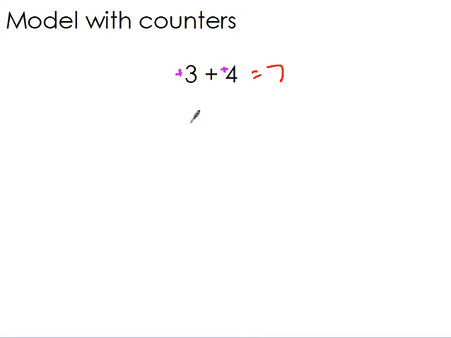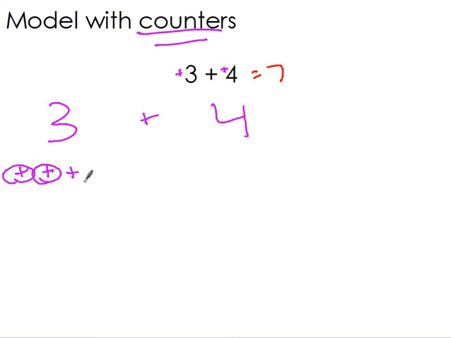Because I'm adding +3 with +4, I'm going to model that with positive counters. By counters, we're imagining that we have chips in front of us, and we're going to draw those out on our piece of paper. If I use 3 counter chips that are positives, I can draw 3 positive symbols. So here's 1 positive, 2, 3.